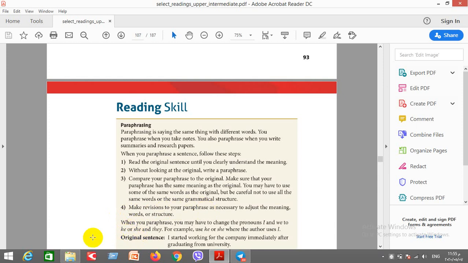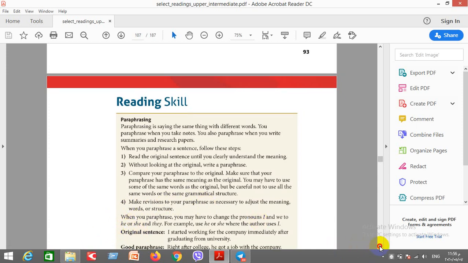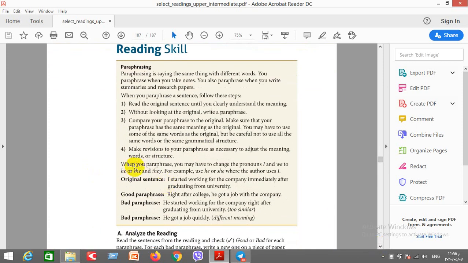Clear? This is very important. These notes are important: note what it says when you paraphrase. Most students last year fell into this. You may have to change pronouns I and we to he, she, and they. For example, use he or she where the author uses I. Here the original sentence in the exercise is: "I started working for the company immediately after graduating from university."